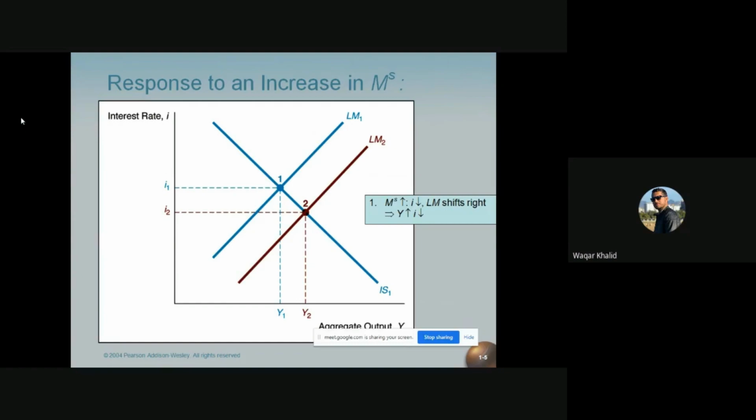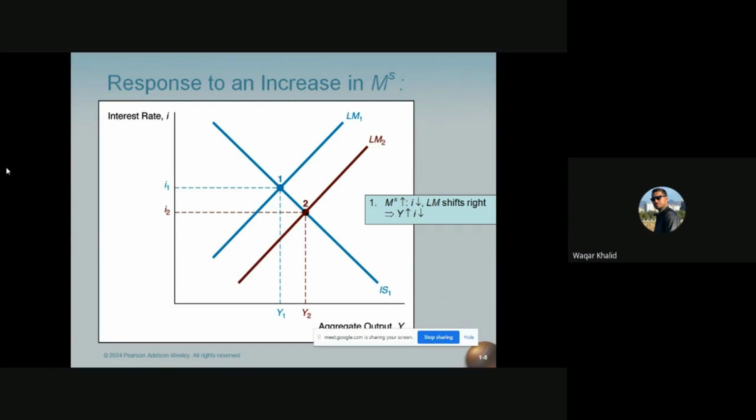It means that 10% of the people, or 10% of US citizens, are unemployed when we are at point Y1. And the Federal Reserve decides it should try to raise output and reduce unemployment.